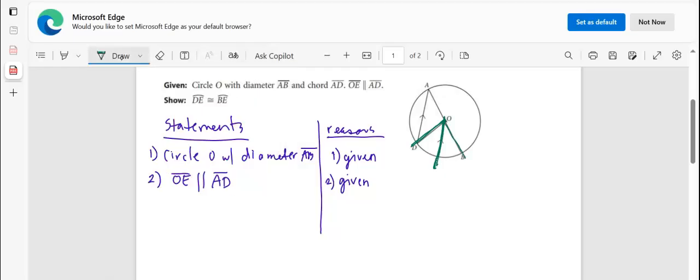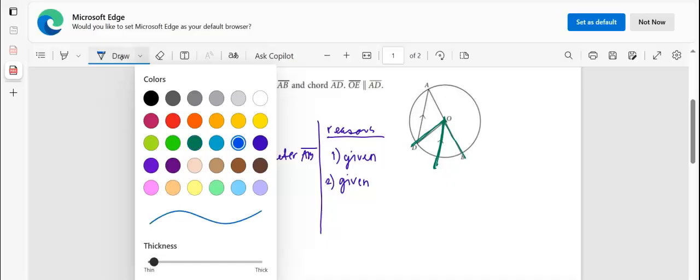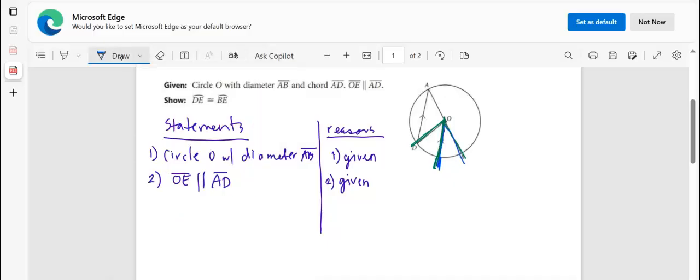If I can show those angles are congruent, then I can show those arcs are congruent. So my want to show here is angle DOE is congruent to angle EOB. And if I can do that, then I can use the definition of arc measure to show that the arcs are congruent. So that's where I'm going to go.